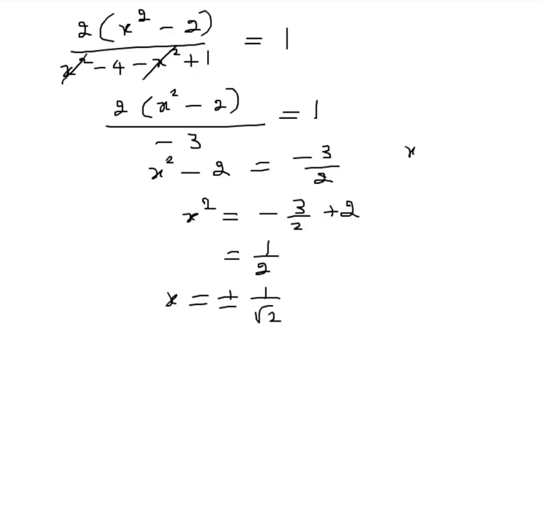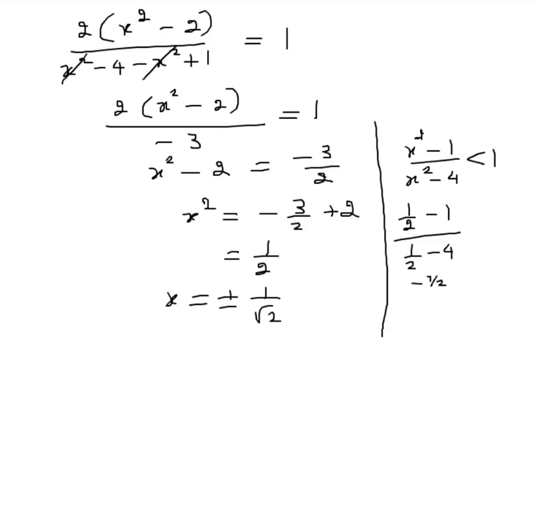And the condition is x square minus 1 by x square minus 4 should be less than 1. Check this condition. X is plus or minus 1 by root 2. Both will satisfy. If you square it, 1 by root 2 the whole square, both plus or minus will become plus.